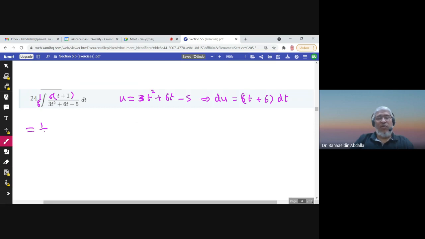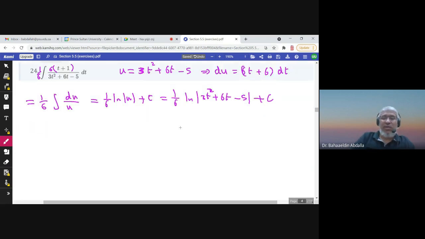So I have 1 over 6 integral. This would be du, and this is u. So it's 1 over 6 ln absolute value of u plus c, or 1 over 6 ln absolute value of 3t squared plus 6t minus 5 plus c.